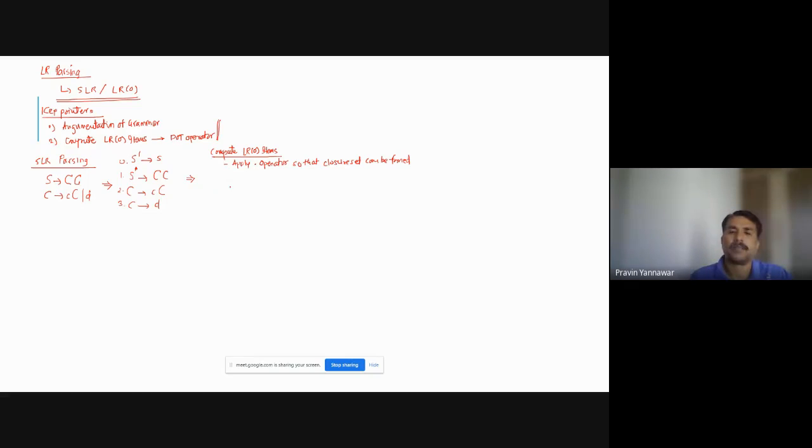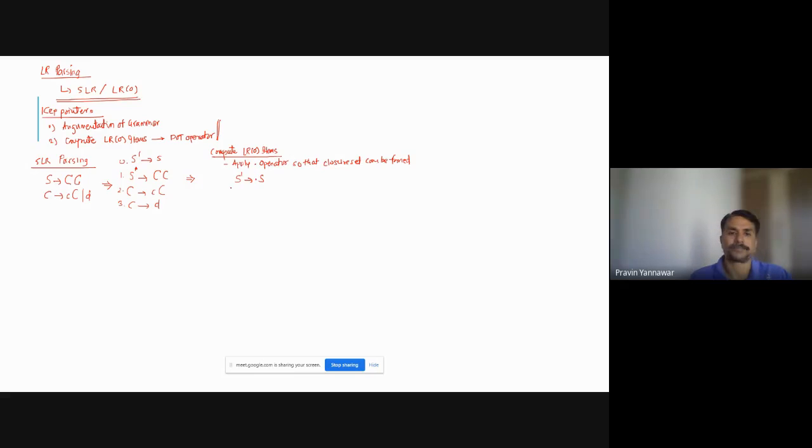Initially we will formulate a closure set. So we'll apply the dot onto S, which means my production will be S dash implies dot S.